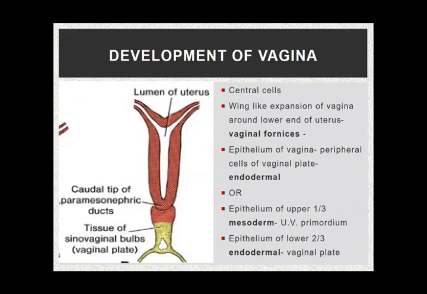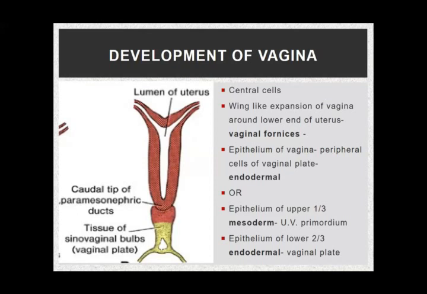Now, the central cells in this solid vaginal plate, the cells in the center, they break down. Okay? So, a cavity is produced in the vaginal plate and now it develops into the vagina. As the vagina lengthens, it surrounds the lower end of the uterus.